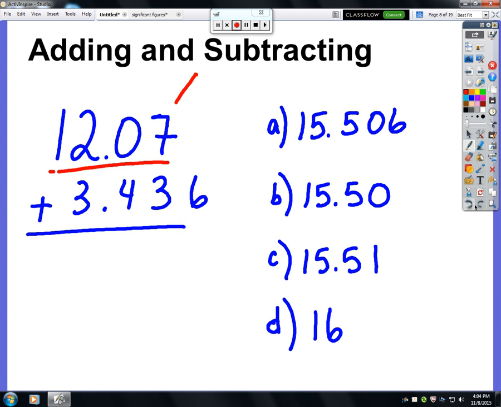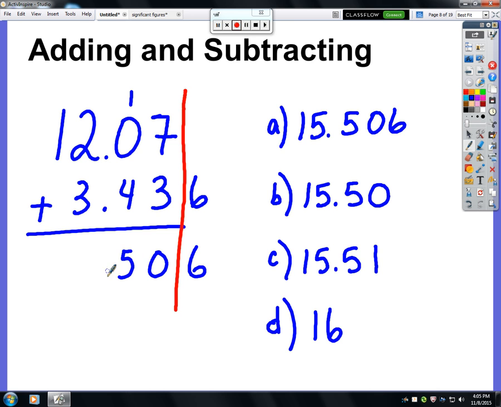So I'm going to pick the number that has the least amount of places, and to do that, I'm going to drop a line. You see what I just did? I dropped a line next to the 7 because it had the least amount of places. Now I'm going to add. When I add, I get 6, carry the 1, 5, I get 15.506.